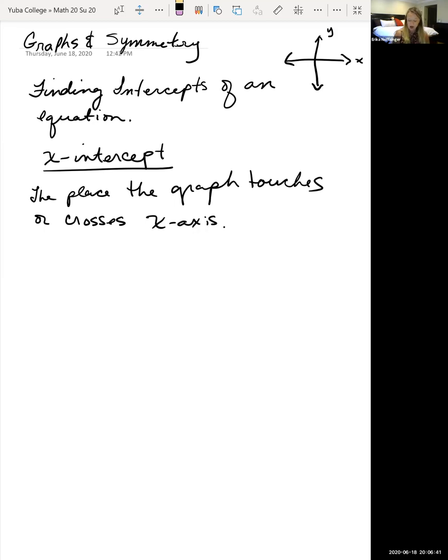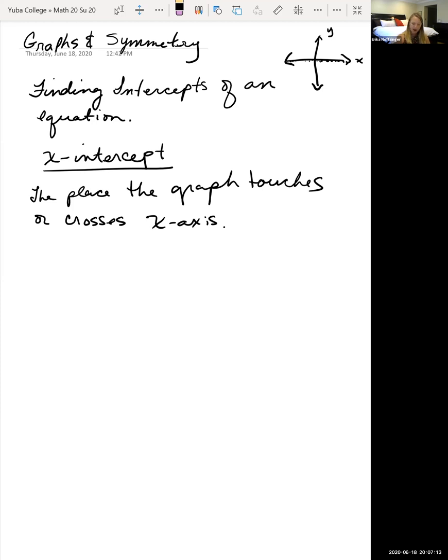Later on, probably next week, we're going to see how to tell, when we find those values, if it's going to touch or cross the x-axis. That has to do with multiplicity of a factor, a zero. But anyways, anytime you're touching or crossing the x-axis, your y value is always 0 on the x-axis.